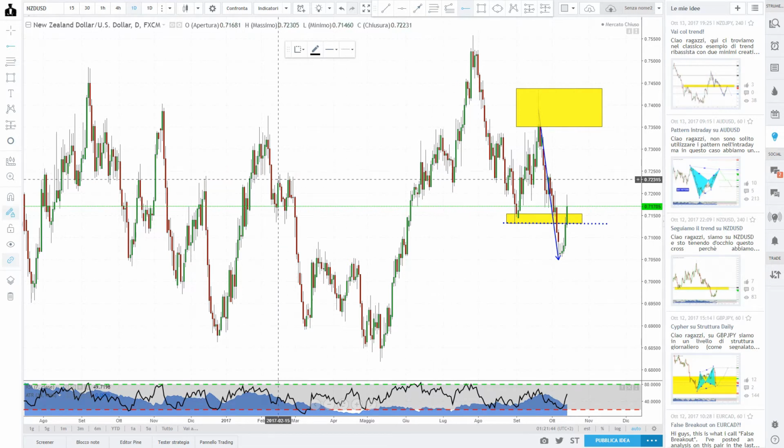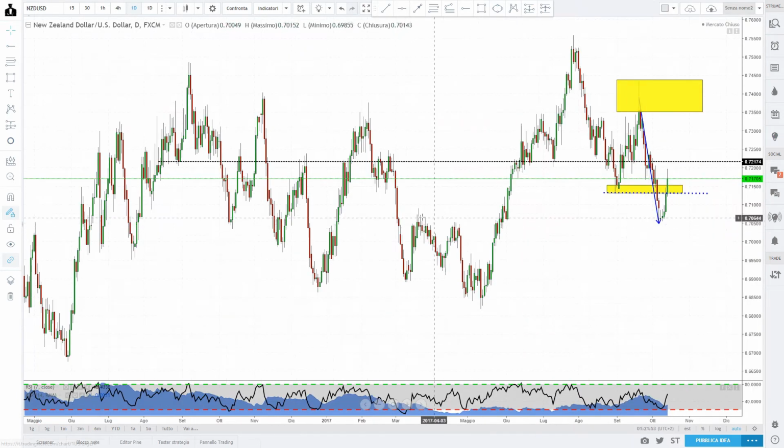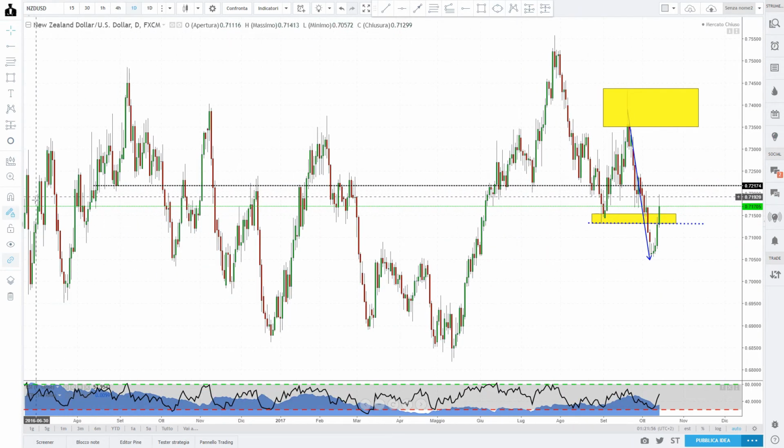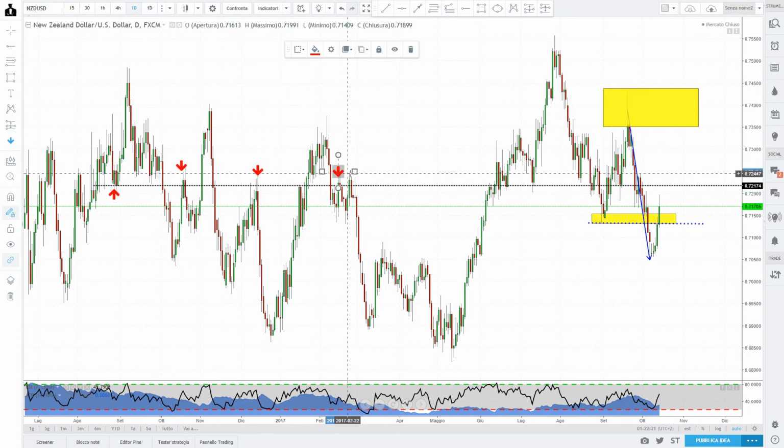And if you go back, let's place a line, and you will see that in fact we have lots of tests of this level, and I want to show you because this is very important. So one here, one here, one here, one here, one, two here, and you can see also as support one here, one here, and one here.